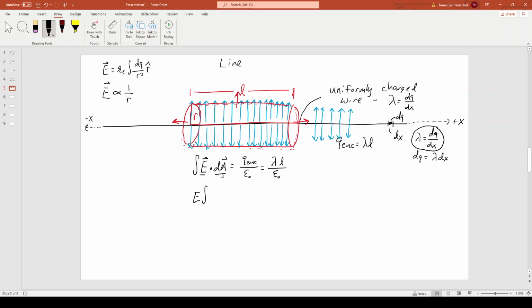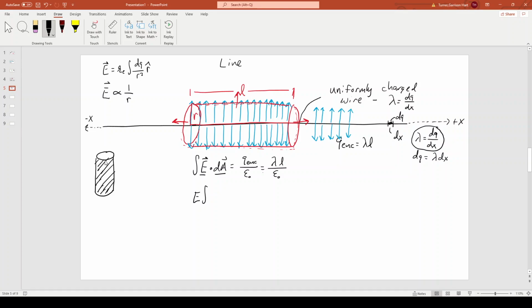Okay, so what is going to be the dA? So if I have a cylinder, and I'm going to lay mine like this, what is the surface area of the body of that cylinder? Well, imagine slicing that cylinder.